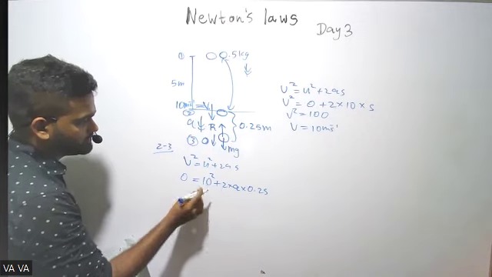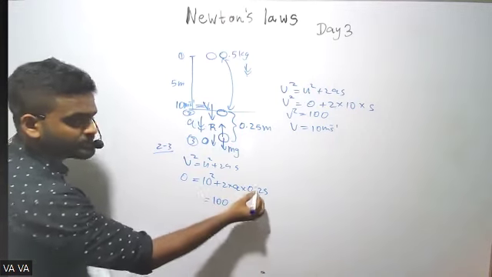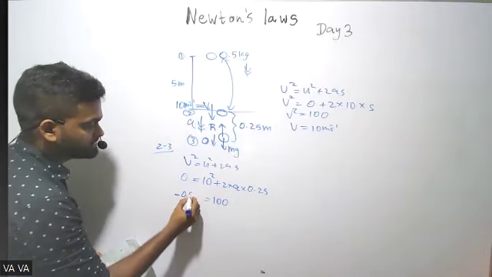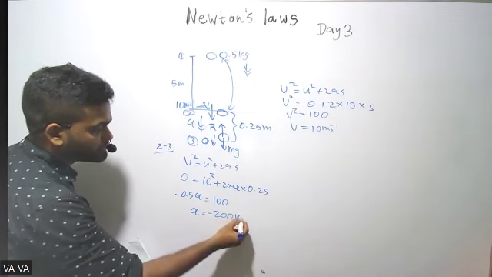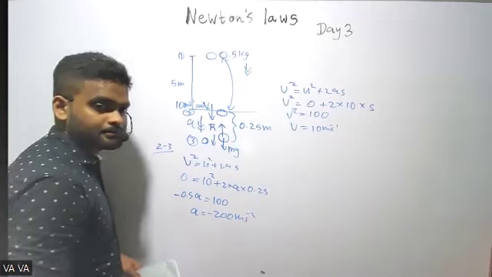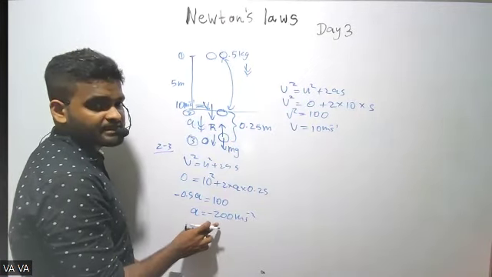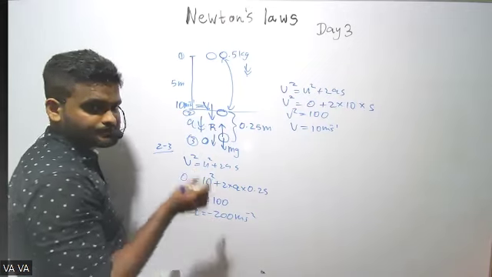Then this is 100. Take this to the other side. 2 times 0.25 is 0.5, minus 0.5 a. So acceleration is minus 200 meters per square second. Actually, we got a negative value because this is a deceleration, right? This is a very large deceleration.